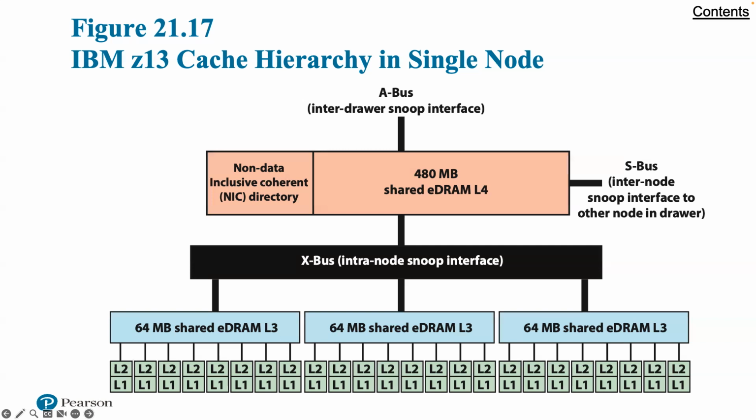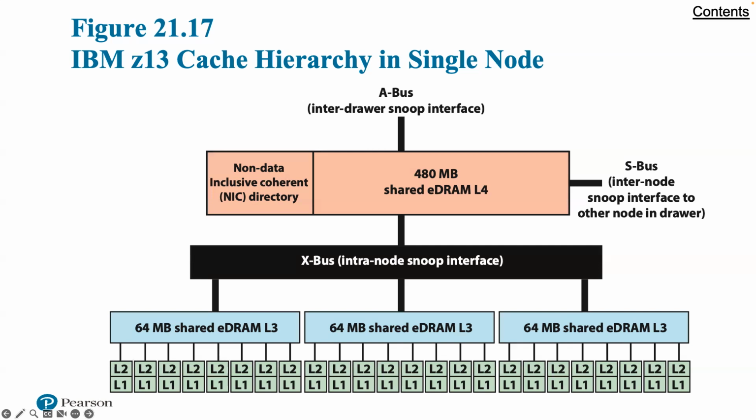Because all the nodes of the Z13 share the workload, all of the L4 caches form a single L4 cache memory. So I'll say that again: because all the nodes of the Z13 share the workload, all of the L4 caches form a single L4 cache memory. Thus, access to L4 means not only going off chip, but perhaps off drawer, further increasing access delay.